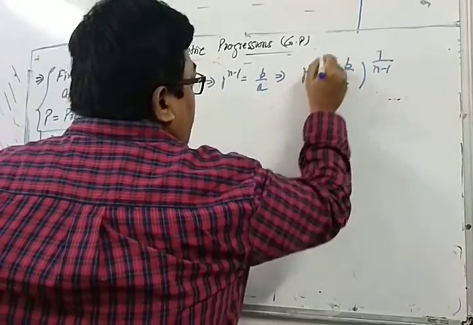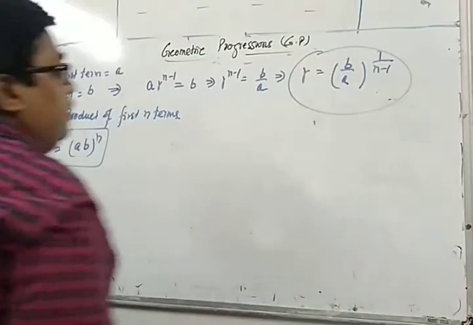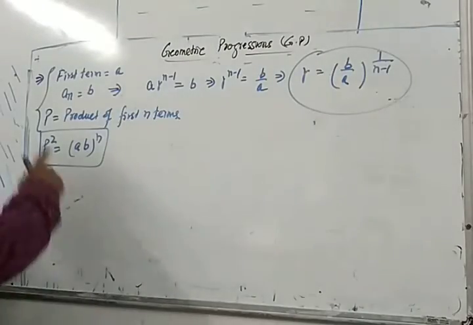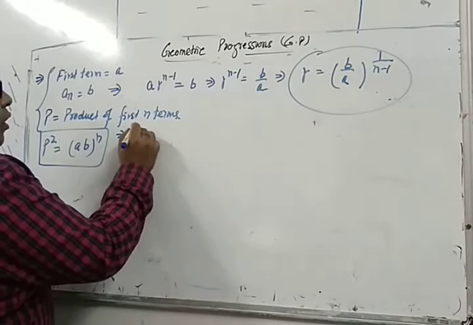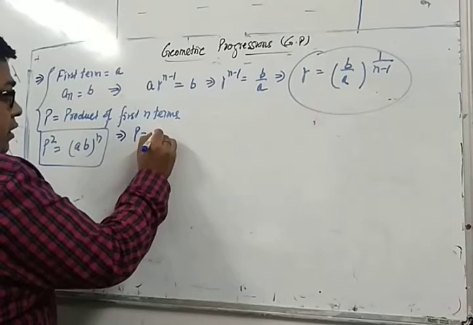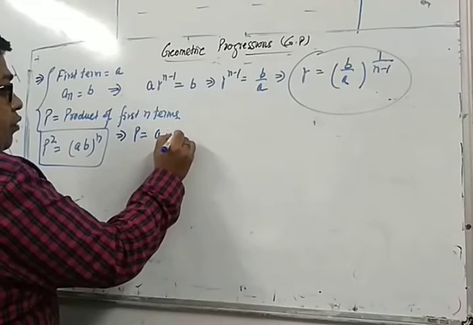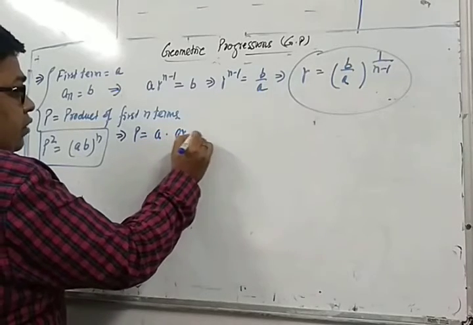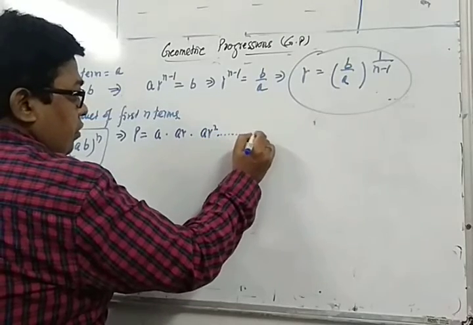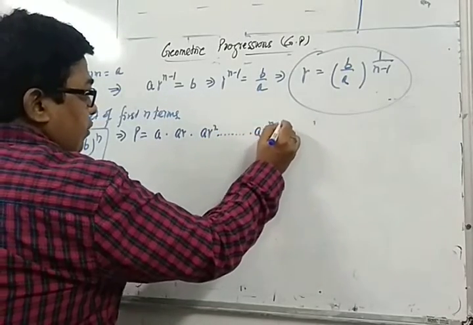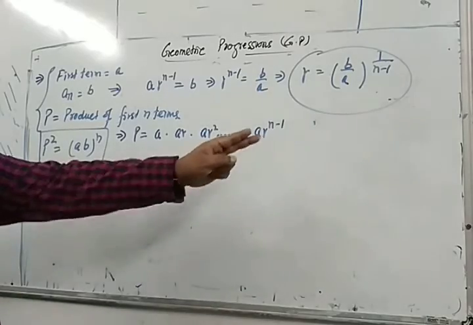This is the value of r. Now coming to this P. P is given here as the product of n terms, that means a into ar into ar squared, up to a r^(n-1). The product of n terms.